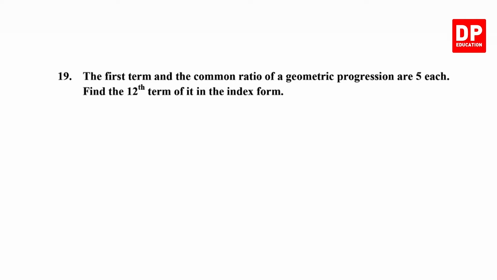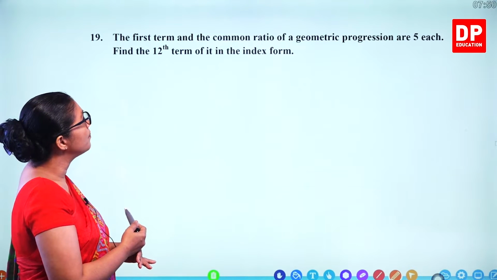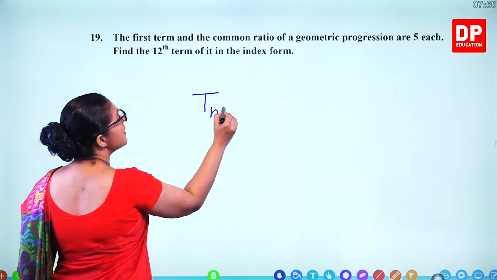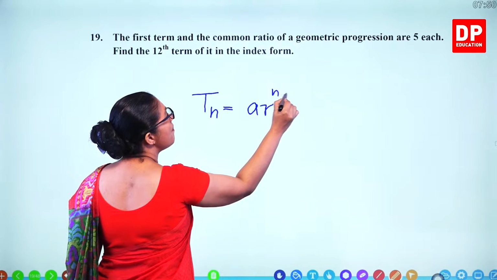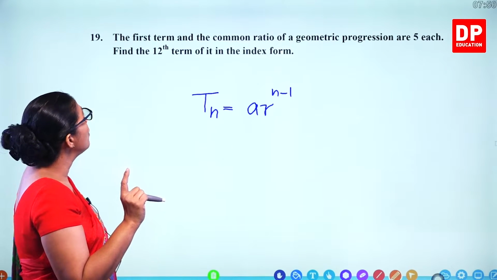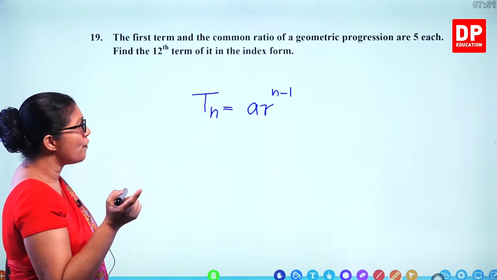Question number 19. The first term and the common ratio of a geometric progression are 5 each. Find the 12th term of it in the index form. For a geometric progression, what's the nth term? A r to the power n minus 1, where A is the first term and r is the common ratio. So first term is 5 and the ratio is also 5.